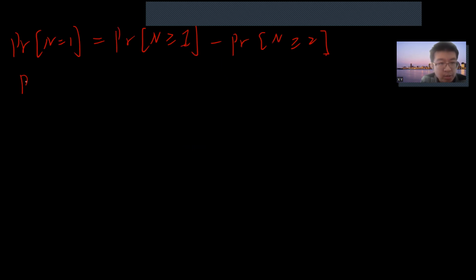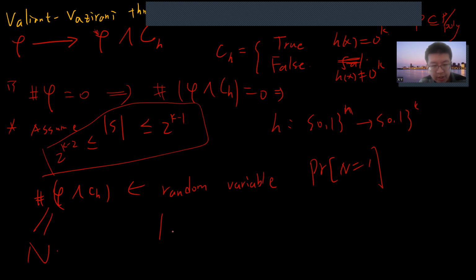The probability of N greater or equal to 1 is computable by our lemma. I can define A_h to be an event.